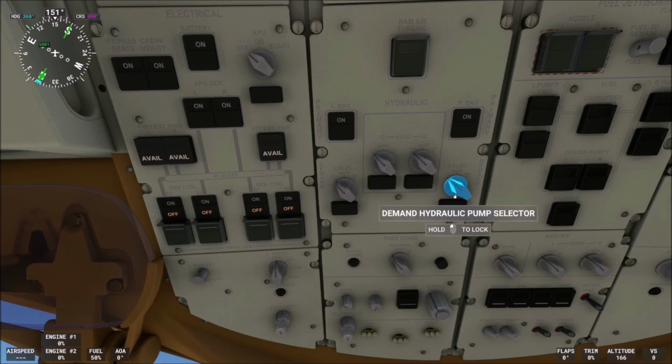And you also check the left and right elec on-demand pump selectors, which add additional electric power in order to activate the hydraulics of the plane. This is needed, for instance, when nose is down, when you lower the gear of the plane. It is needed for the flaps and so on and so on. Anyhow, you don't touch all this.